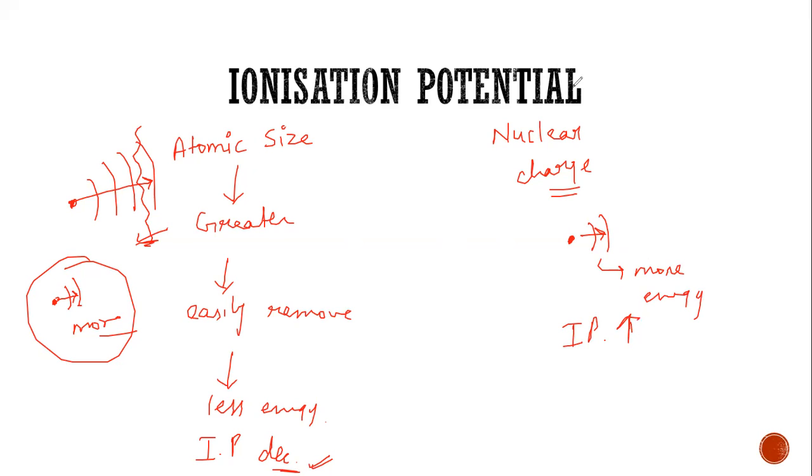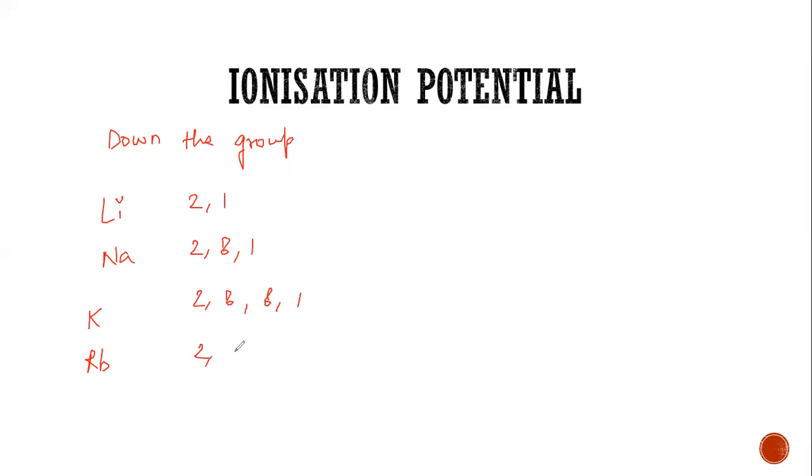Now let's see the trends in ionization potential. First of all, when we are moving down the group, we have lithium, sodium, potassium, rubidium. This is 2,1; 2,8,1; 2,8,8,1; 2,8,18,8,1.